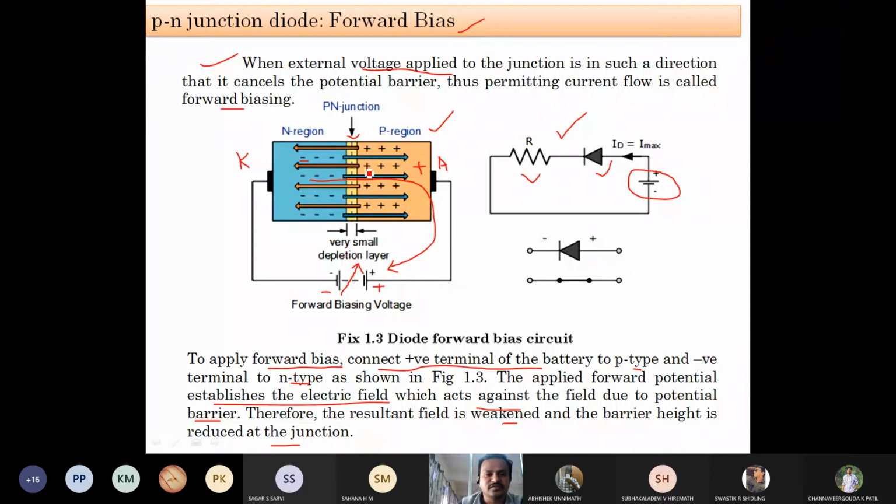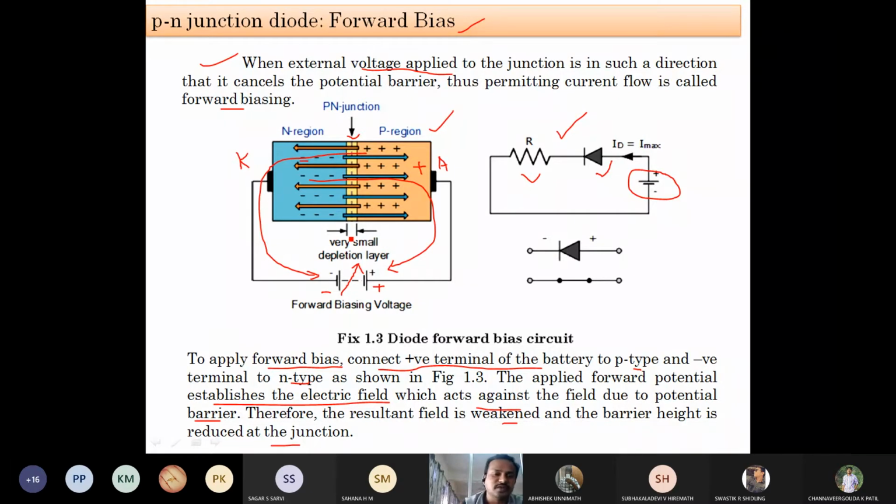Similarly, the holes, the plus ions, move towards the negative terminal of the battery. Opposite polarities attract each other, or you may say similar polarities repel each other. This is the concept with respect to the forward bias voltage applied to the diode.